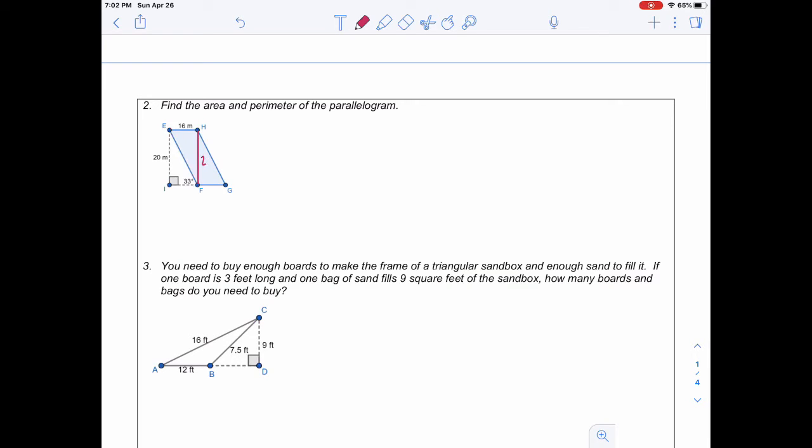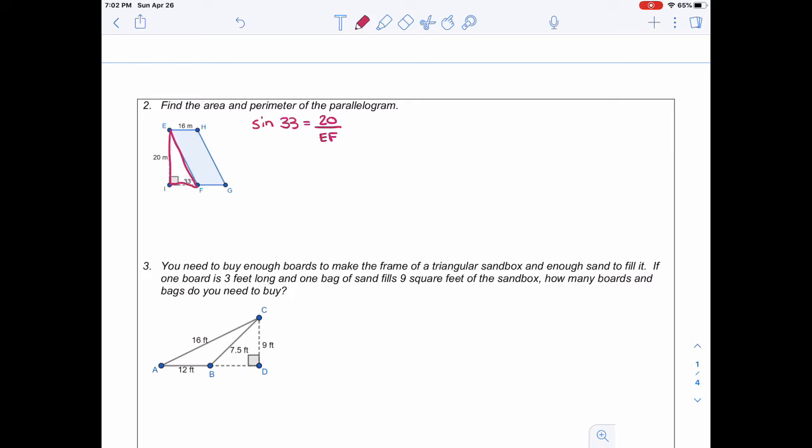So looking at our right triangle first, right here, okay? We have our 33 degrees, we have our opposite of that 33 degrees, and we're looking for that EF, our hypotenuse. So again, opposite over hypotenuse, that's going to be using sine. So we have sine of 33 equals our opposite, which is that 20, over our hypotenuse, which we'll just label as EF.